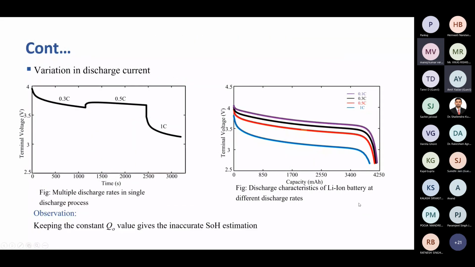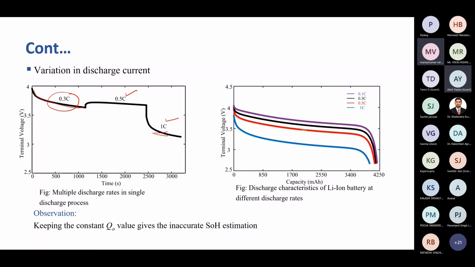So we tried to see what the possibilities are for estimating battery health if it is terminated midway, and with variation in discharging current. Initially it will be 0.3 C, then I discharge at 0.5 C, then at a higher value of 1 C. You can see that the discharge rate is different. In an electric vehicle, if you want to go at increased speed, the discharge current of the battery will be more.